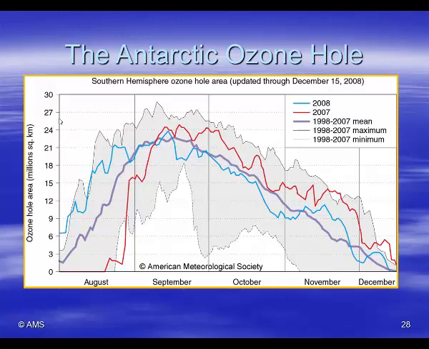In 2008, the blue line shows the data, and the purple line shows the mean from 1998 to 2007. The dotted line shows the minimum, and the solid line shows the maximum.